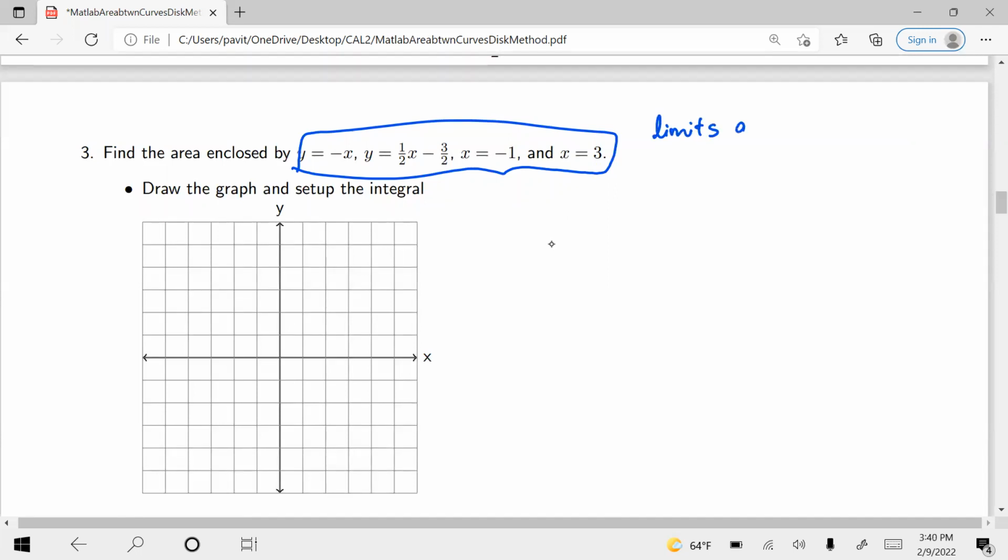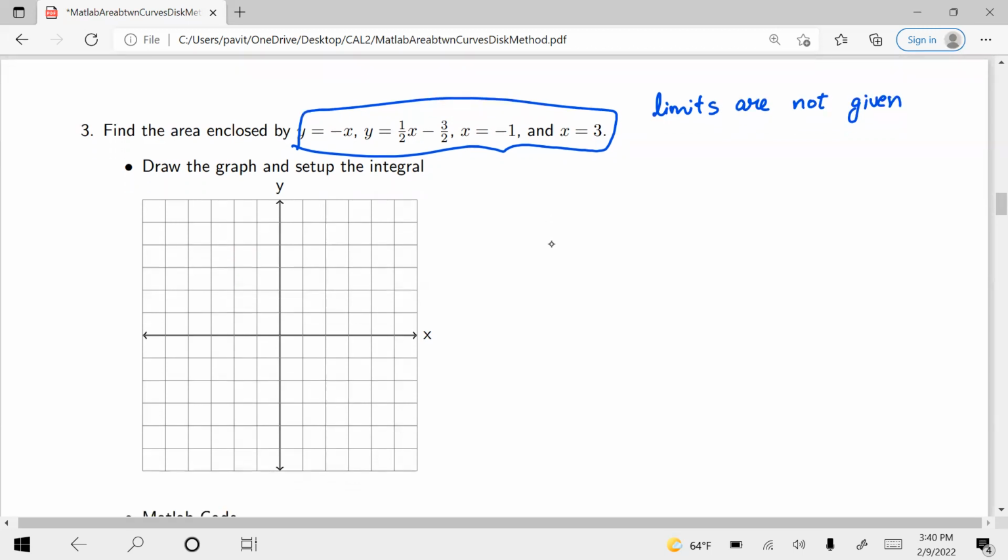Limits are not given directly. And they are also not telling you which part you have to find the area. This is empty, so you have to fill the graph first because you need to find the part where you need to find the area. That will give you the limits.